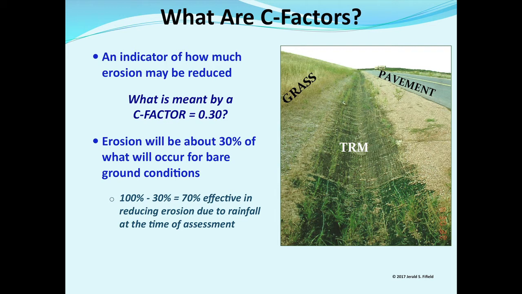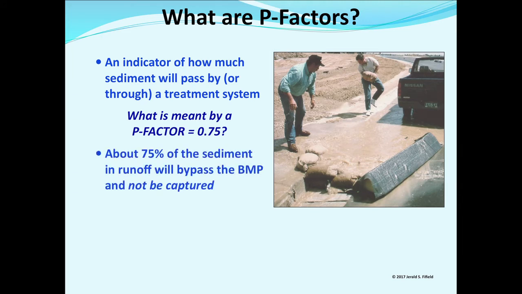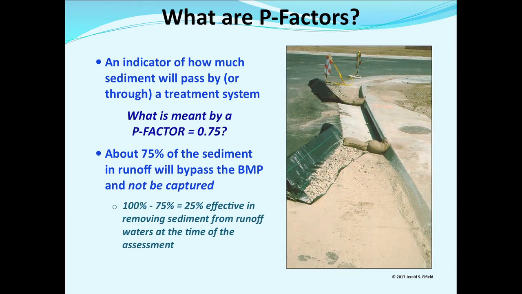Use it to your benefit. It helps you out. But if we talk about a P factor of, say, 0.75, the opposite's occurring. It does not say that 75% of the sediment's contained. It says that 75% bypasses that structure. These are the things you've got to be aware of in modeling.